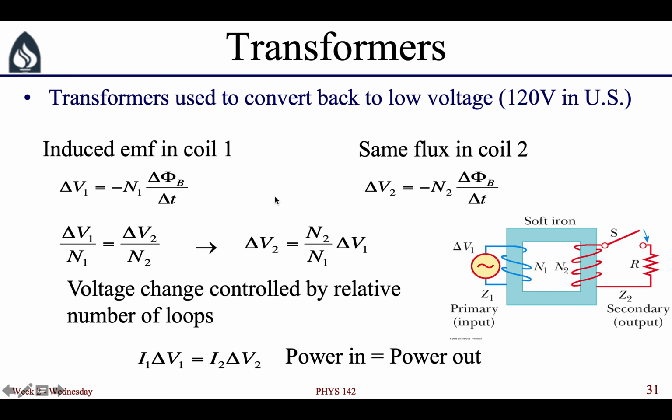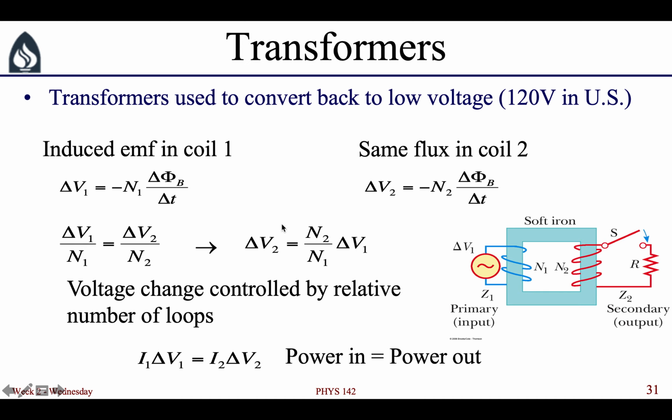Since this flux is the same, we can solve both of these equations for flux, and that would be V over N, so we would have V1 over N1, and that's going to be equal to the flux, which is also equal to V2 over N2.